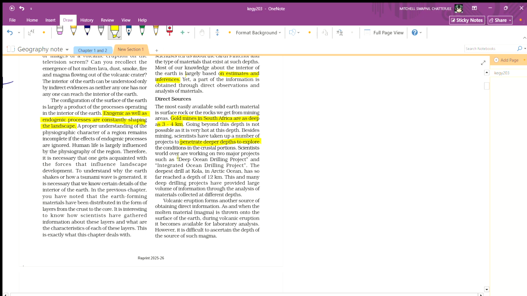Scientists the world over are working through major projects such as the integrated ocean drilling project.